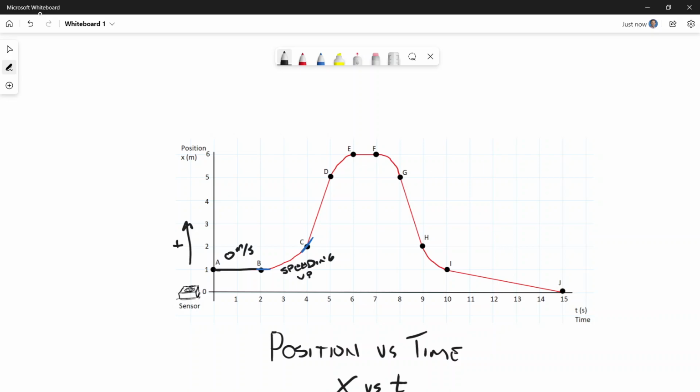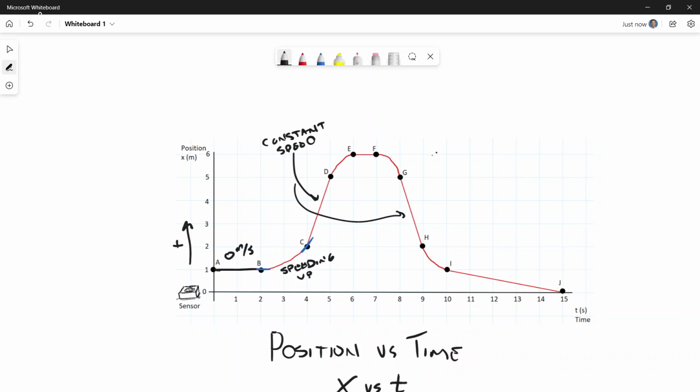Now, between C and D, we have constant slope, right? So this would be constant velocity. Constant speed or velocity. And so would be right here. Those are both flat, constant slopes.